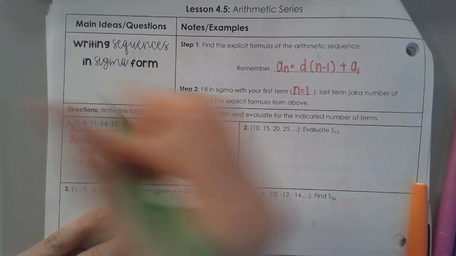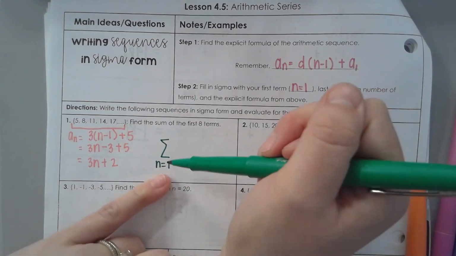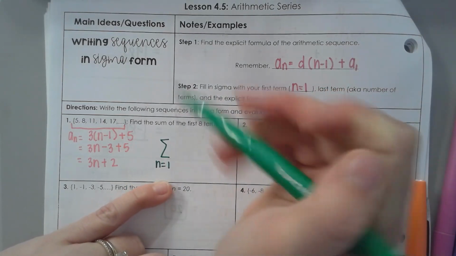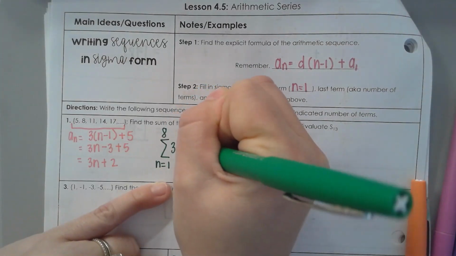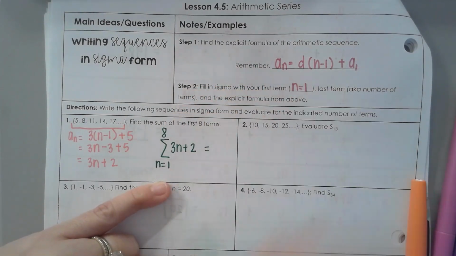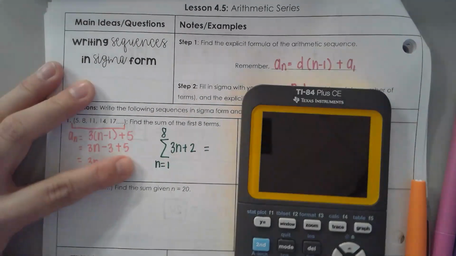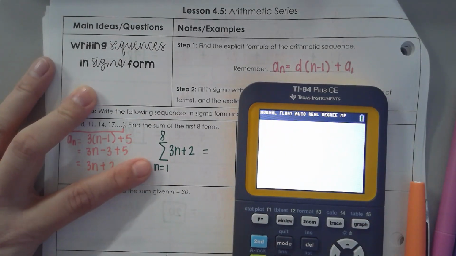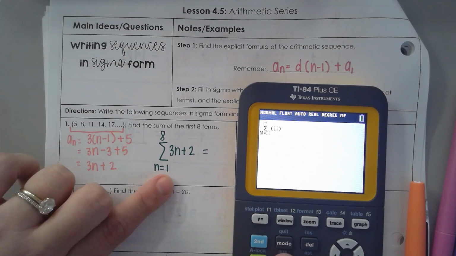On the bottom, I'm going to start with n equals 1. I'm going to add up the first 8 terms. So it's going to be from term 1 up through term 8. And then my formula goes there to the side. And I can just type that in the calculator. It's math 0. You can type an n, or if you want to just type an x, you can.